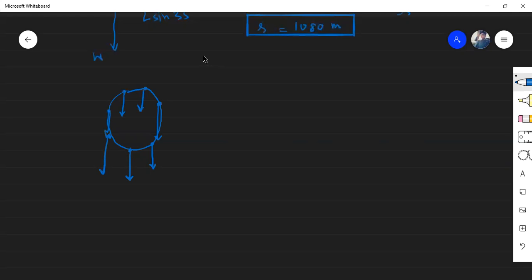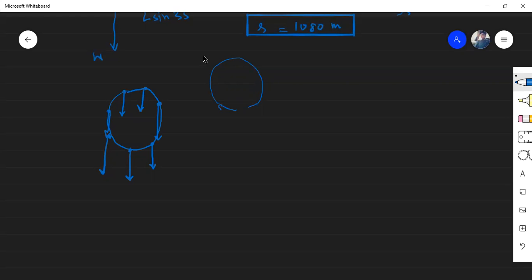Let's say this is the plane flying in a vertical circle.